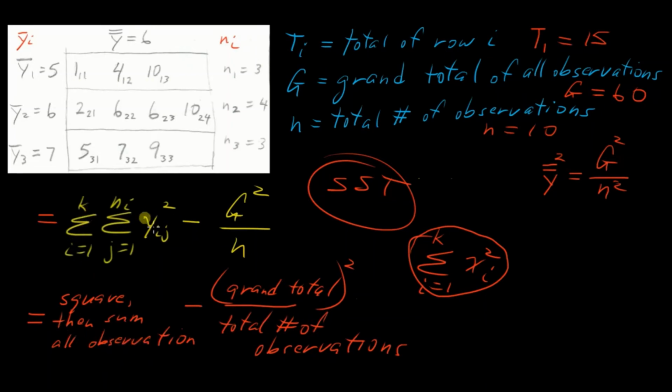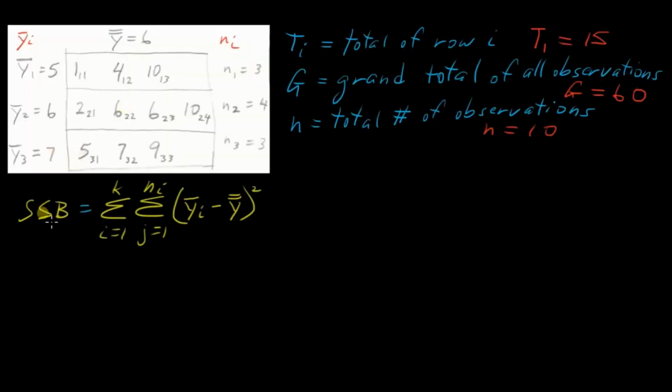For this part here, you're going to take every single observation and square it and then add it. And then you're going to subtract a fraction comprised of total all of these things up, square them, and then divide it by the number of things that there are. So that's the derivation of the computational formula for the total sum of squared distances.